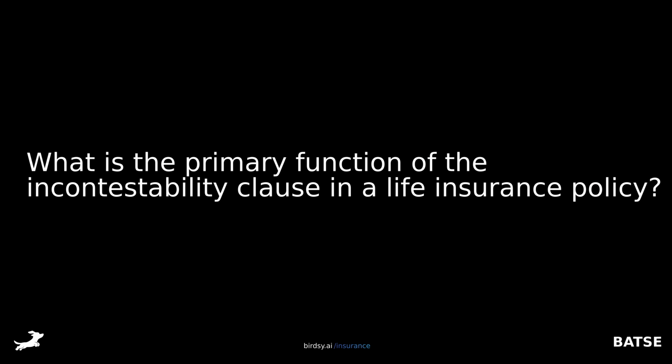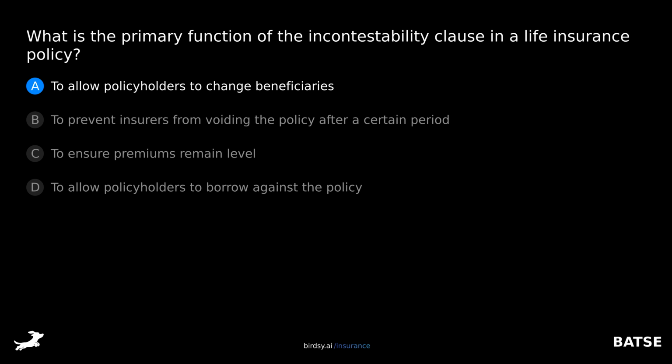What is the primary function of the incontestability clause in a life insurance policy? Is it A. to allow policyholders to change beneficiaries, B. to prevent insurers from voiding the policy after a certain period, C. to ensure premiums remain level, or D. to allow policyholders to borrow against the policy?